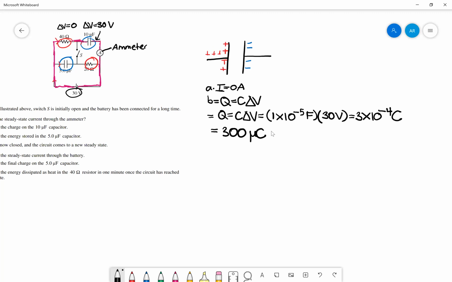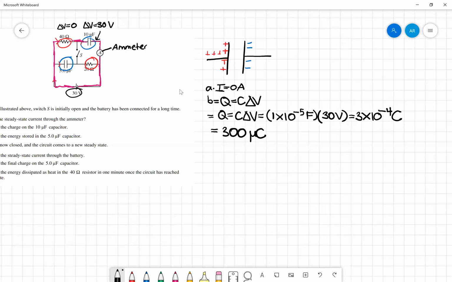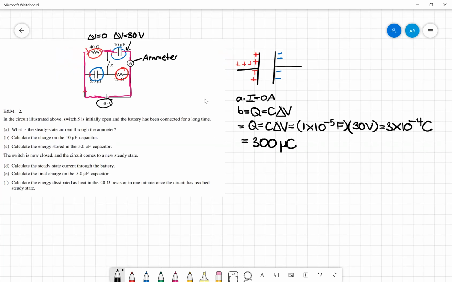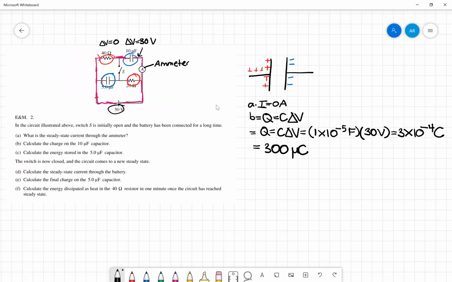So using this concept of the loop rule, that the voltage across the resistor and the voltage across the capacitor had to sum up to the battery voltage, we were able to find that the charge on the 10 microfarad capacitor had to be equal to 300 microcoulombs. Okay, so do we have any questions?